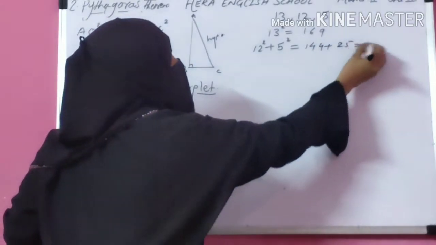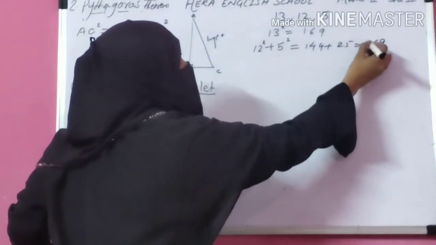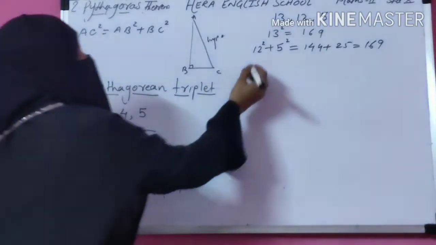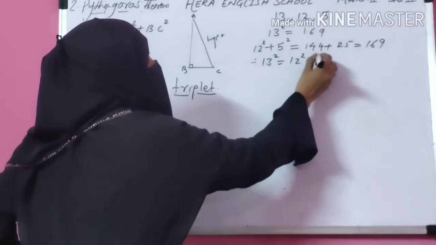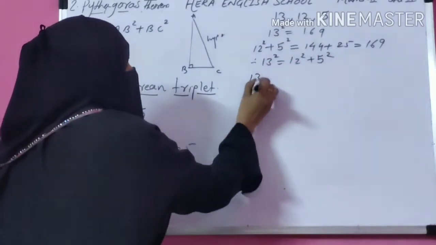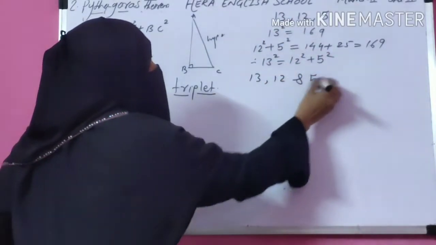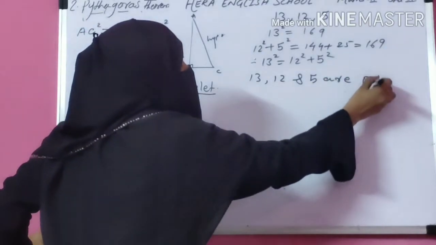So add them: 144 plus 25 is 169. That means here also 13 square is equal to 12 square plus 5 square. So therefore 13, 12 and 5 are a Pythagorean triplet.